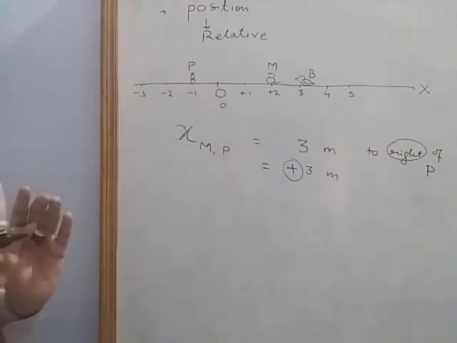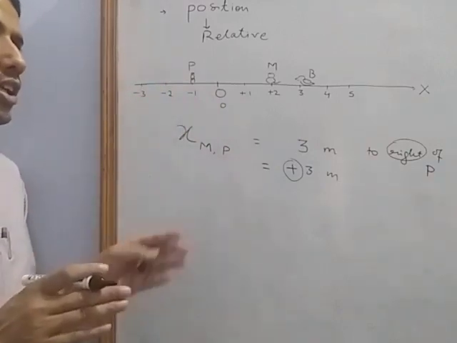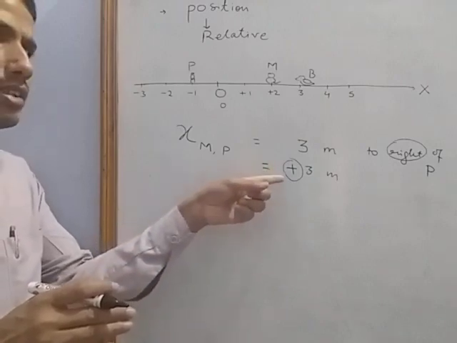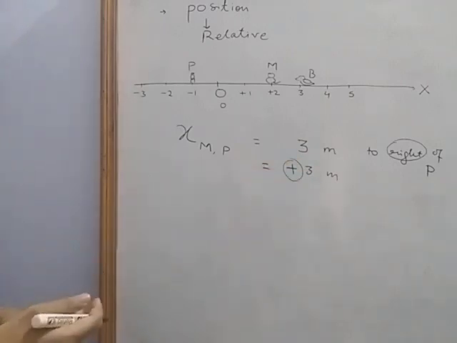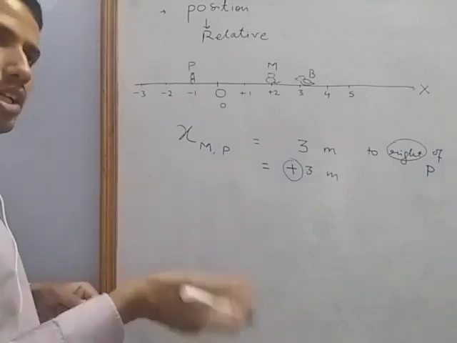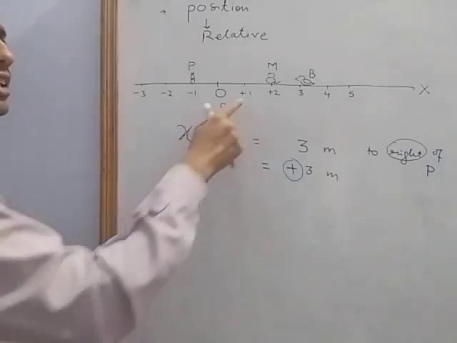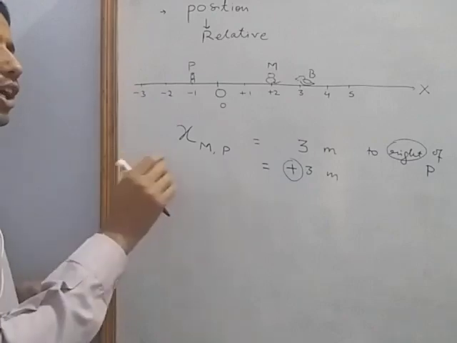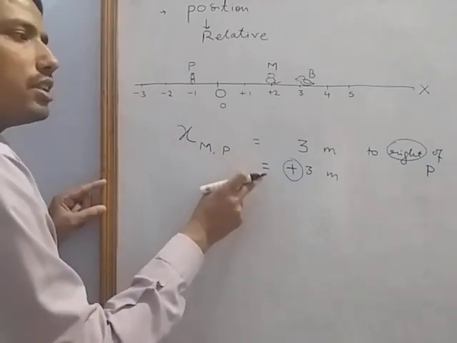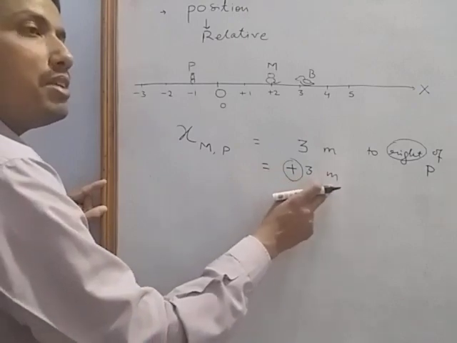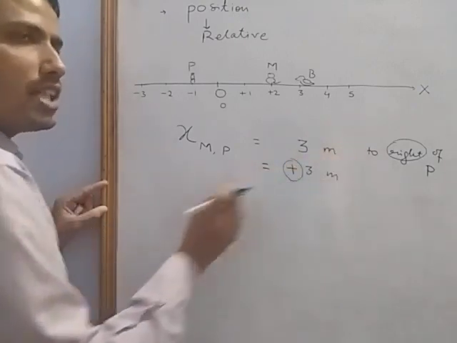It is just a convention. If you want, you can use the symbol minus for right. Usually it is our practice to choose the rightward direction as plus and the leftward direction as minus, as I have indicated over here. So the correct answer is: position of monkey with respect to the person is plus 3 meters or 3 meters to the right.